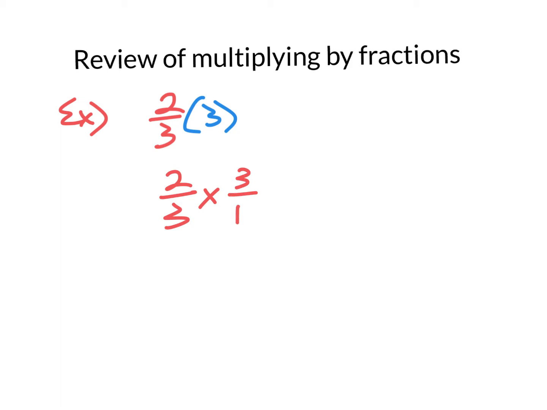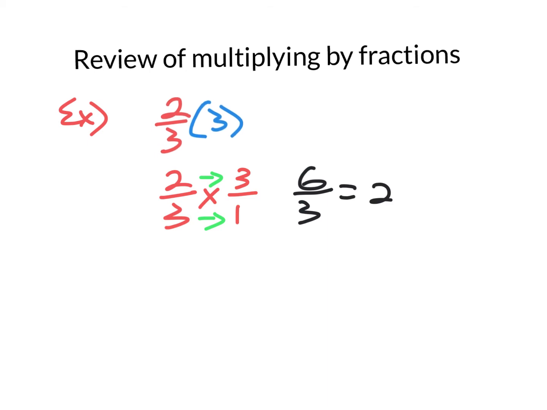And when we multiply fractions, we just multiply straight across. The numerators times the numerator and the denominator times the denominator. So in this example, we have 2 times 3, which is 6, and 3 times 1, which is 3. And then of course, you have an improper fraction of 6 over 3, which is 6 divided by 3, and that equals 2.